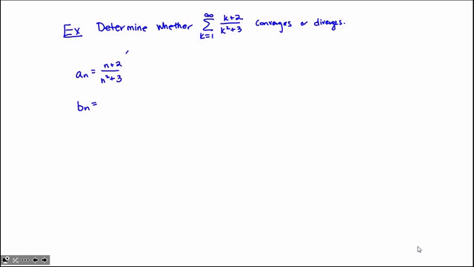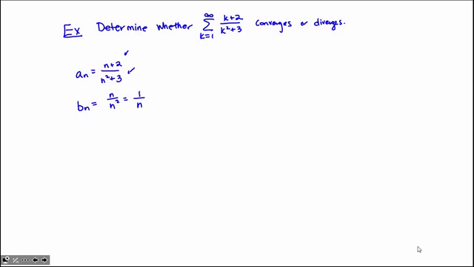Now I see a polynomial term n plus 2 over another polynomial term n squared plus 3. So to me, in the numerator, the highest degree term is n. In the denominator, the highest degree term is n squared. So a good choice for me might be to set my b_n's to be 1 over n. Because I can think of in the long run, for large n, the 2 and the 3 aren't going to matter much. All that's going to really matter are the n and the n squared terms for large n behavior.